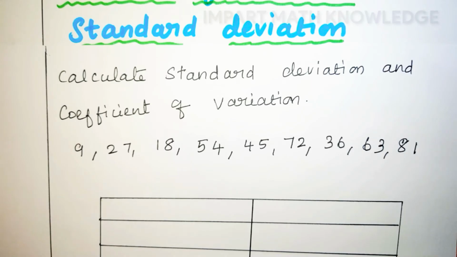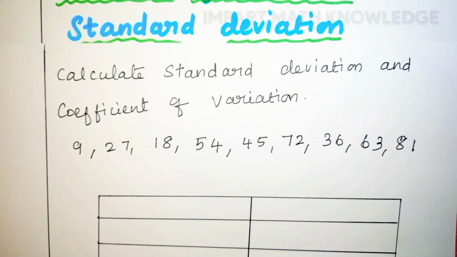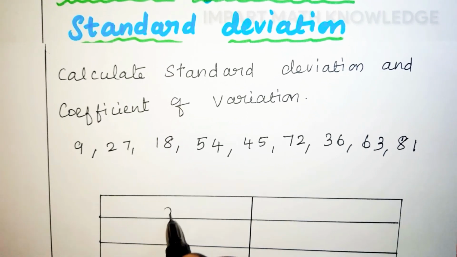Calculate standard deviation and coefficient of variation for the individual series. The given values are x.